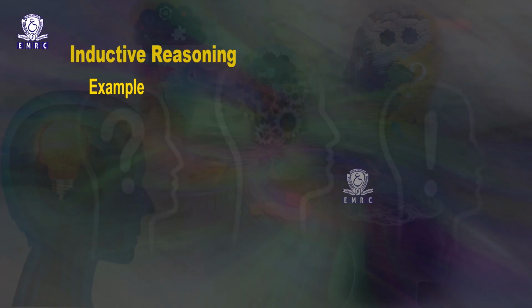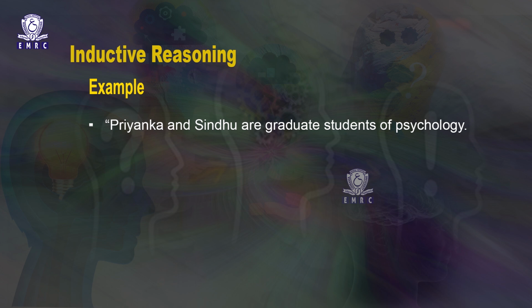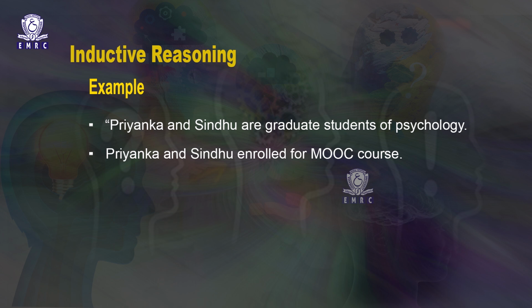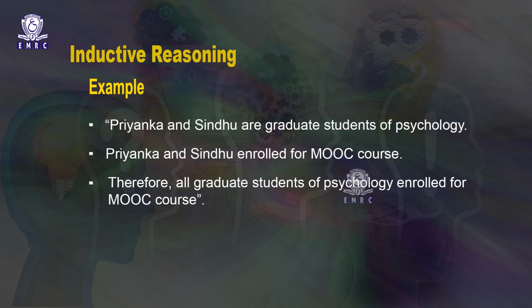For example, let us take the same example and twist it. Okay? Priyanka and Sindhu are graduate students of psychology. Now, Priyanka and Sindhu enrolled for MOOC course. This is the second premise. Therefore, all graduate students of psychology enrolled for MOOC course. So what I'm doing, what is the information I have?